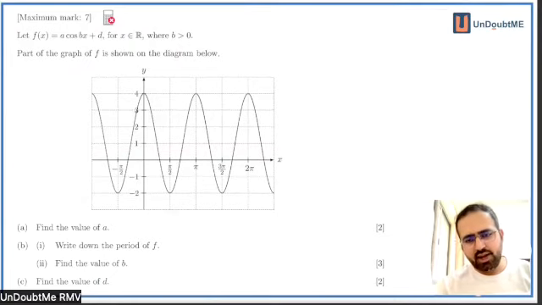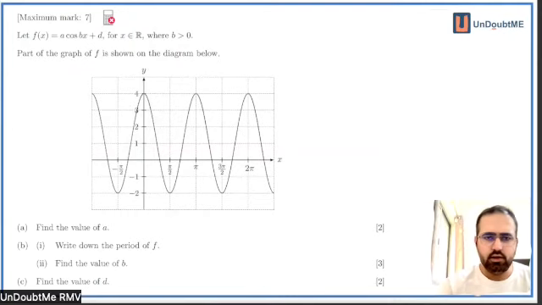Now this plus and minus d will cause vertical shifting upward or downward. D can be positive, negative, anything. Look at the graph and think how much can be the value of d, what will be the value of A.